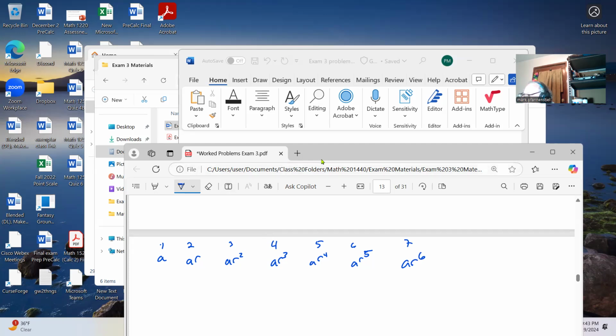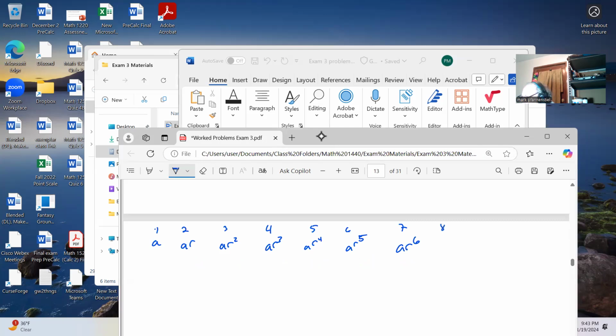And then what do we have here? We have 8 years, so I want year eight. It was ar to the seventh. I'm going to say that this is equal to some kind of a sum here. Now the next thing I'm going to do is multiply this sum by r times whatever s is.